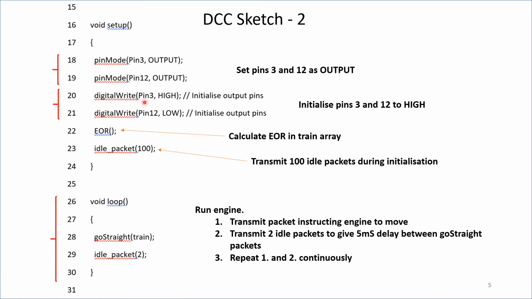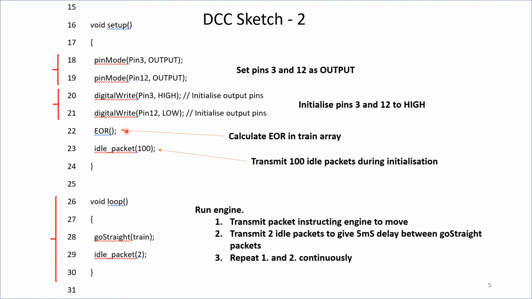Initially, I'm setting pin 3 to high. Remember, if pin 3 is high, PWM channel A is high, then the output from the A channel is always at its maximum in my setup, which is either plus 10 volts or minus 10 volts. And the direction bit, D12, initially I'm setting to low, but I'll vary this through the program.